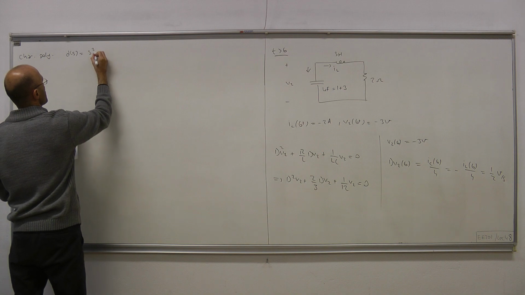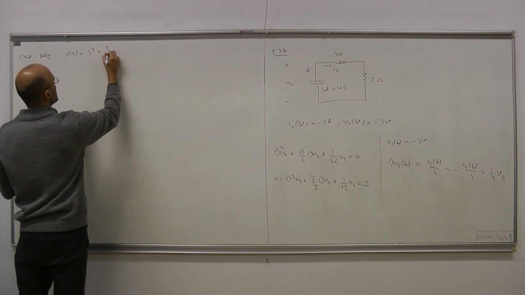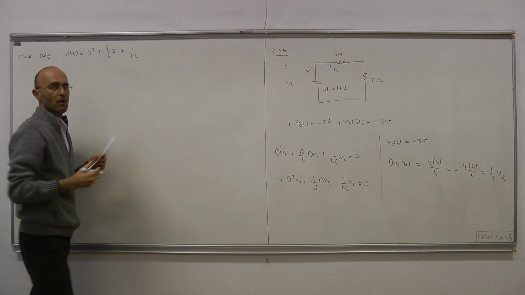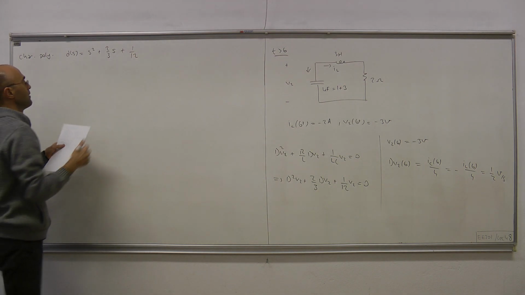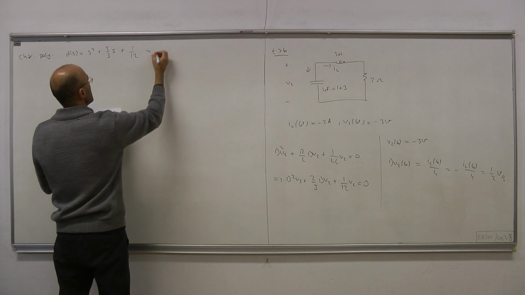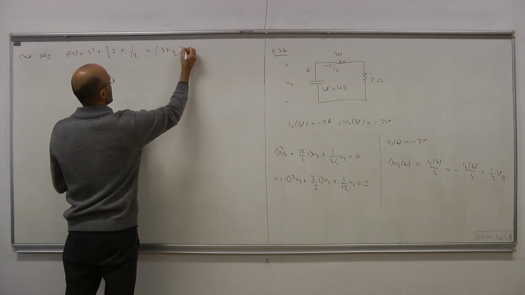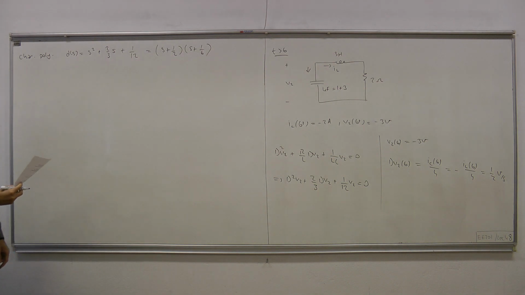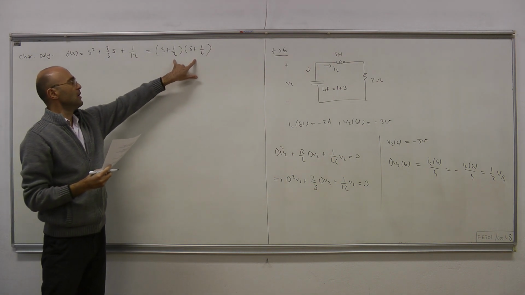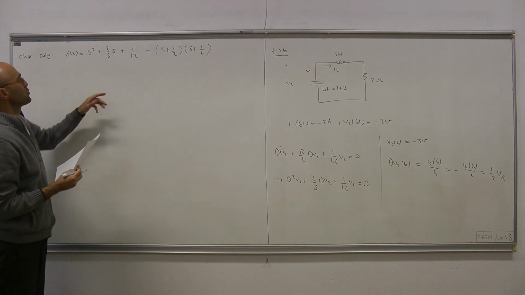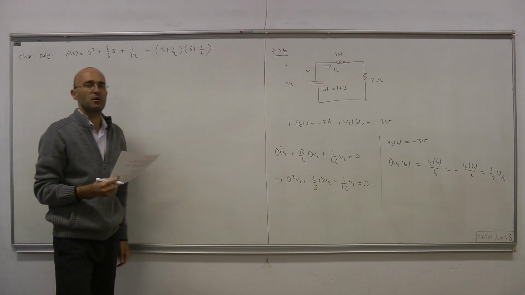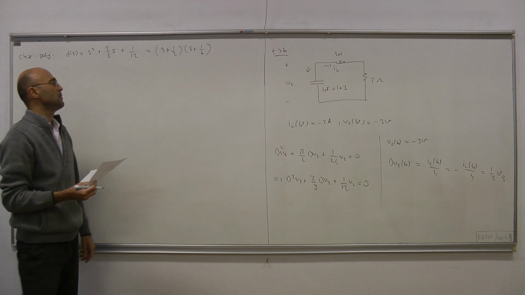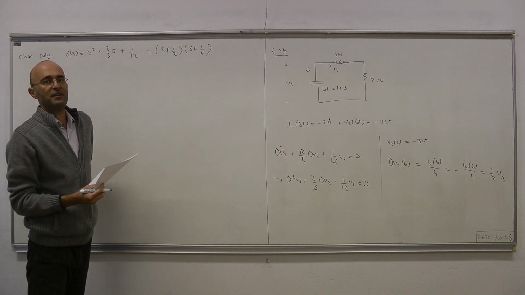We have s squared plus 2/3 s plus 1/12. This can be factored into s plus 1/2 and s plus 1/6. Hence, the roots are at minus 1/2 and minus 1/6, both negative and real, distinct, meaning that we're talking about the overdamped case.